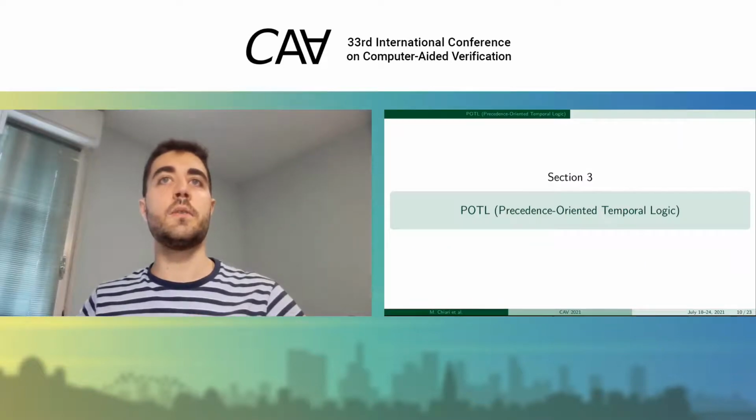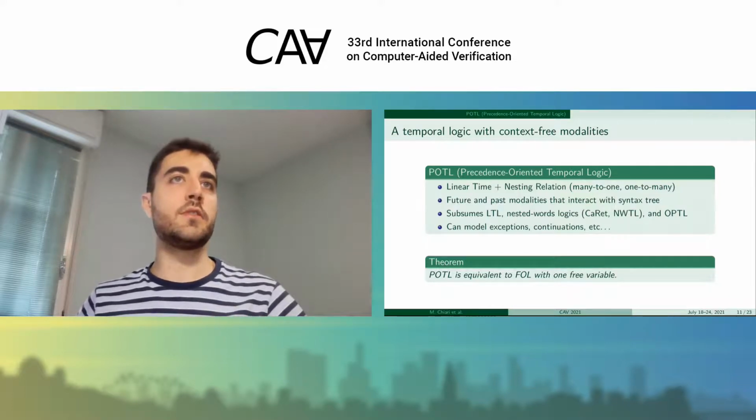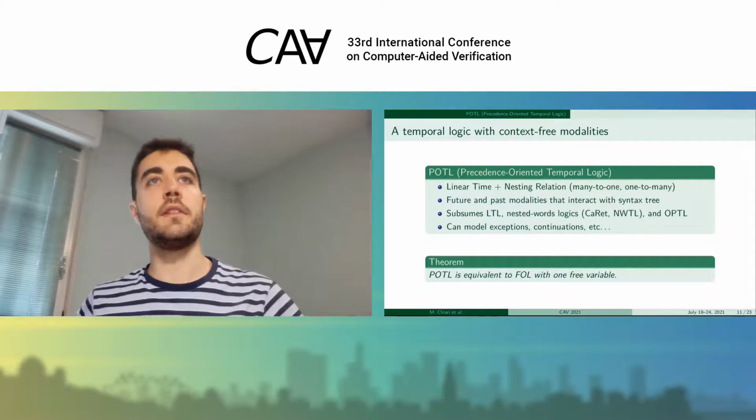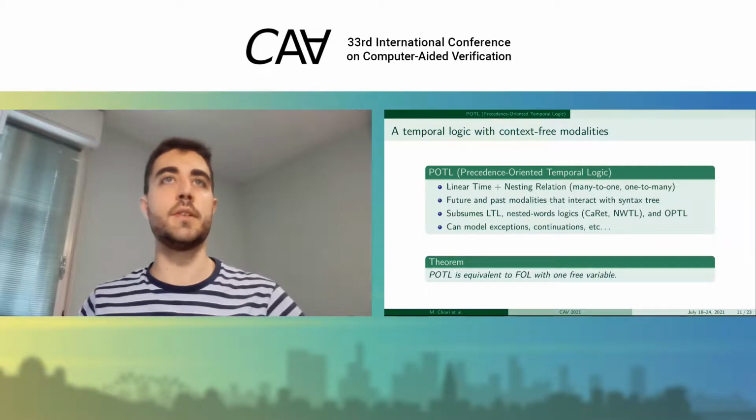So now let's see what this new temporal logic that we introduced looks like. We called it precedence-oriented temporal logic, or POTL, and it is based on OP words, which, as we just saw, combine the linear time with a binary nesting relation that can be many-to-one or one-to-many, besides, of course, one-to-one.